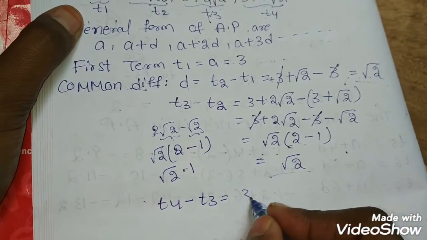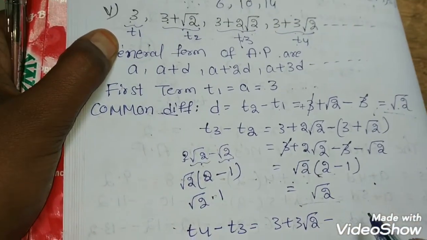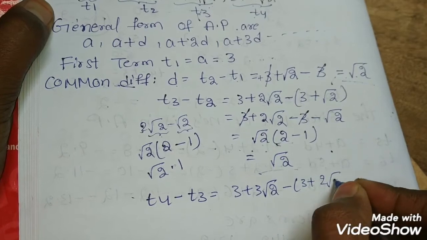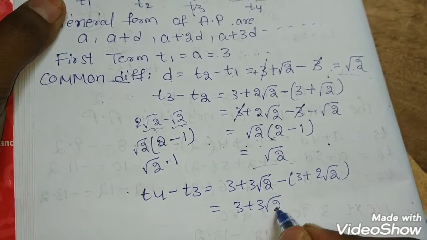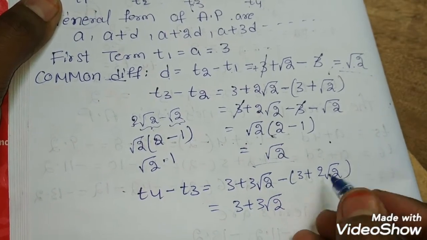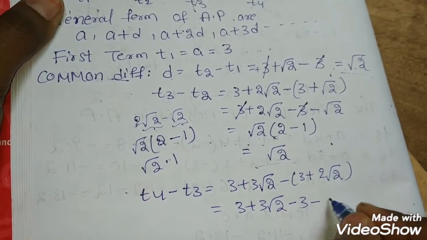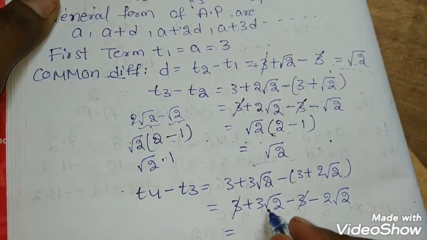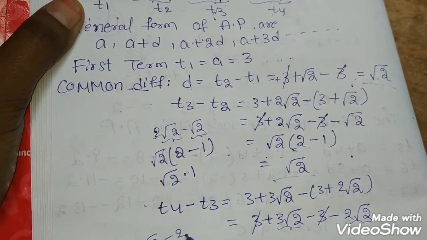What is t4? 3 plus 3 root 2 minus, what is t3? t3 is 3 plus 2 root 2. See here, 3 plus 3 root 2 minus goes inside. What do we get? Minus 3, minus into plus, minus 2 root 2. Plus 3 minus 3 cancel. What are the remaining numbers here? 3 root 2 minus 2 root 2.